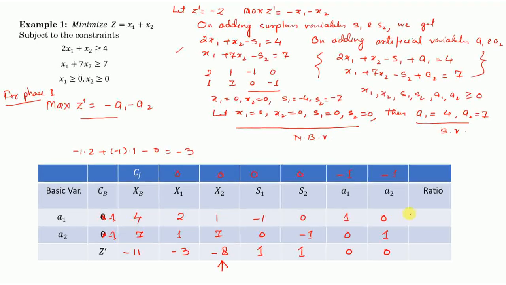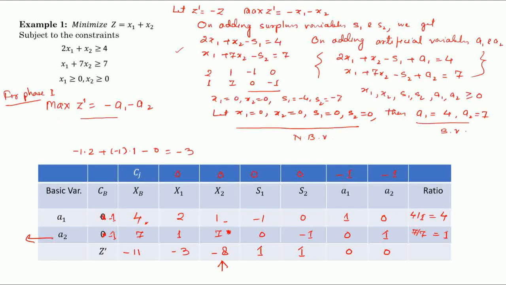So this is 4 divided by 1, which is 4. All these are positive, so you can calculate the ratio. This is 4, and 7 by 7 is 1. This is the pivot element, and A2 is outgoing.